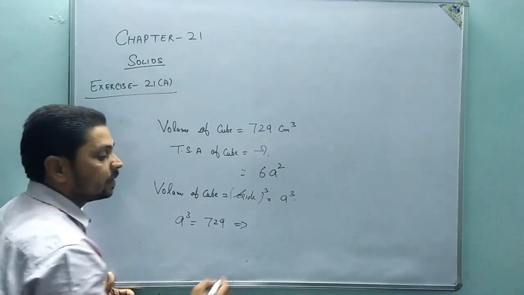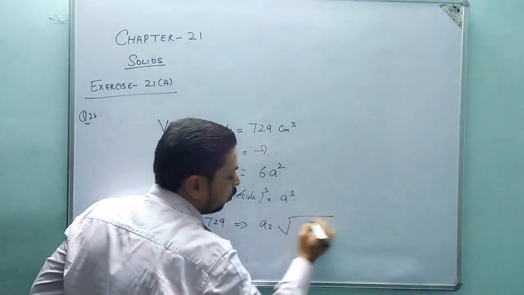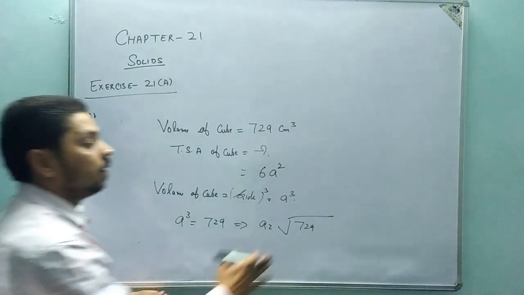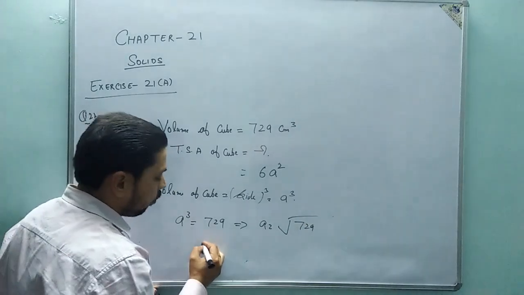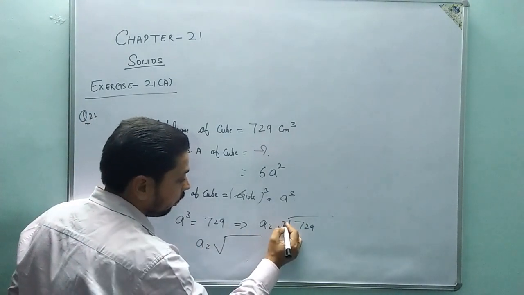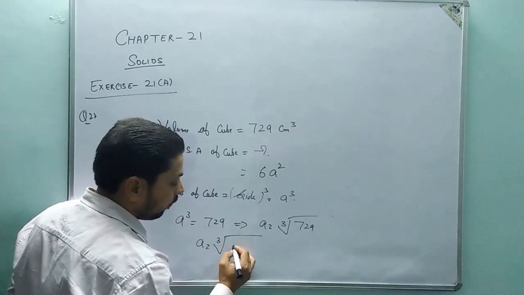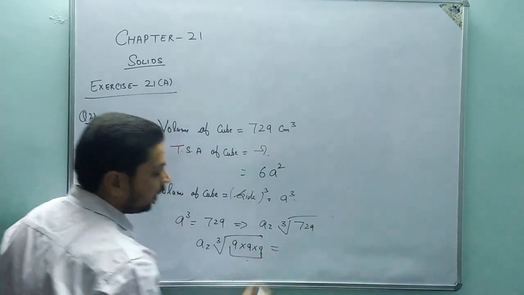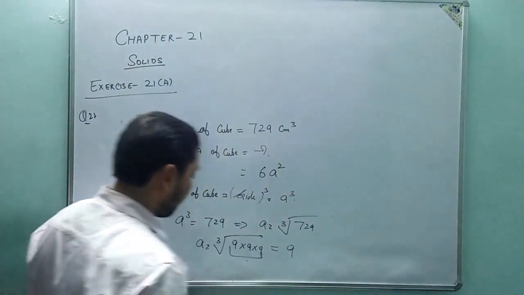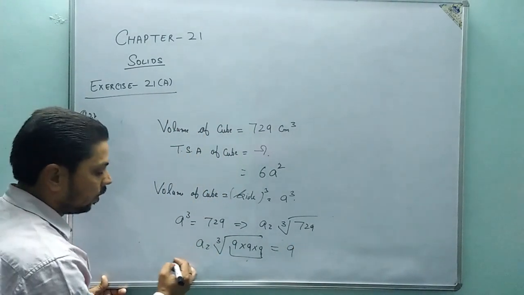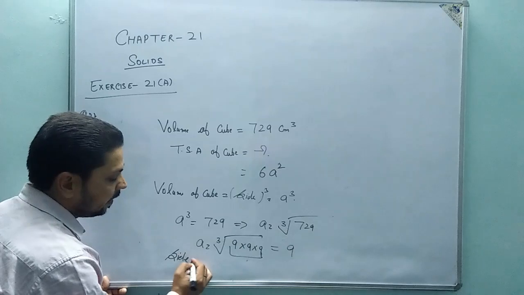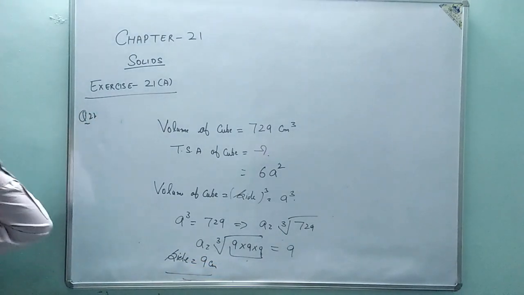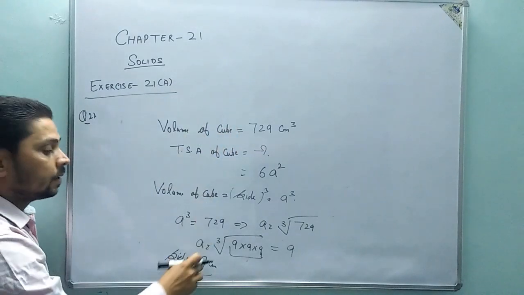That implies a is equal to cube root of 729, which is cube root of 9 multiplied by 9 multiplied by 9. So 9 can be taken outside, and a is equal to 9. So side is equal to 9 centimeter.